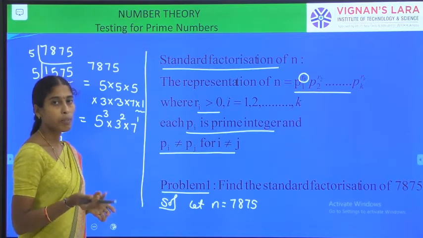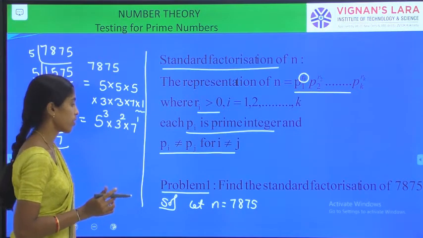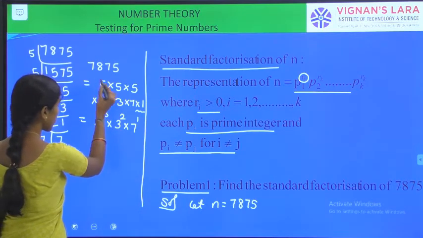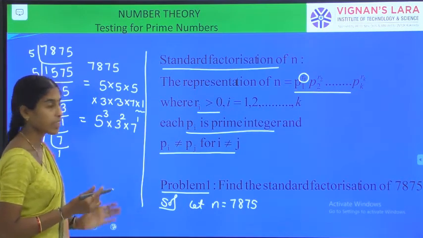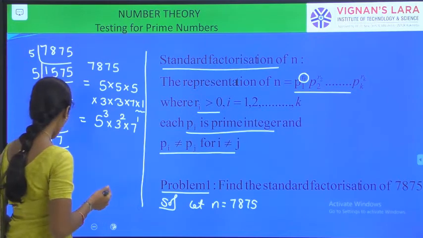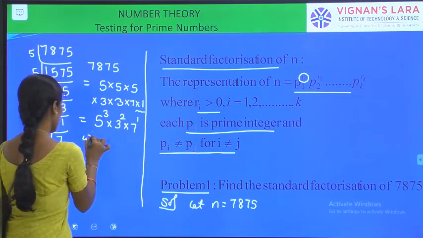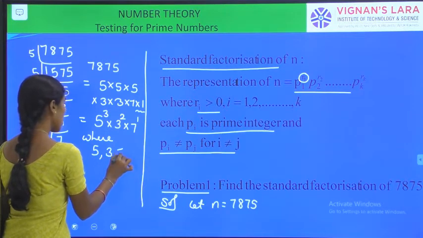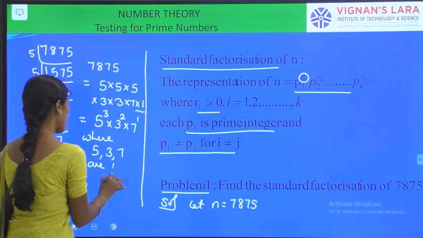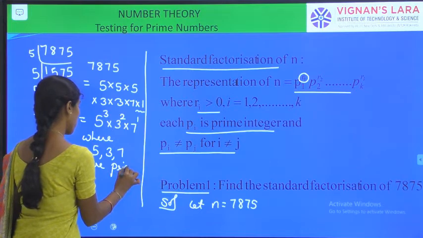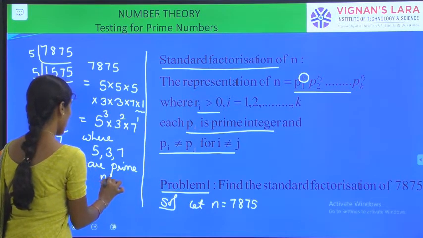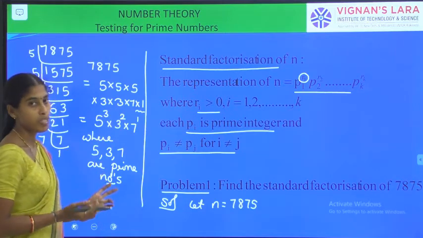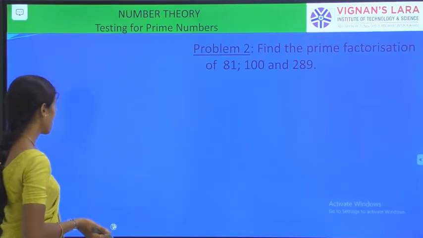Any number multiplied by 1 gives itself. So this is the standard factorization of 7875. Like that we have to do the factorization where each number 5, 3, 7 is a prime number. This is the required condition. In this product, each number must be a prime number.